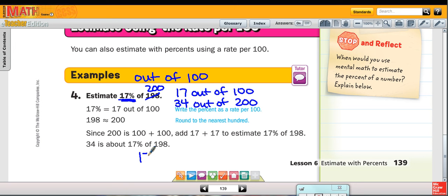So this would be 17 times 2, or you could think about it as 17 plus 17. What if this had been 400? Then you would have 17 times 4. Does that make sense? So rate per 100, you're just going to change this one to a multiple of 100, and then you're going to take this times how many 100s there are, because it means out of 100.